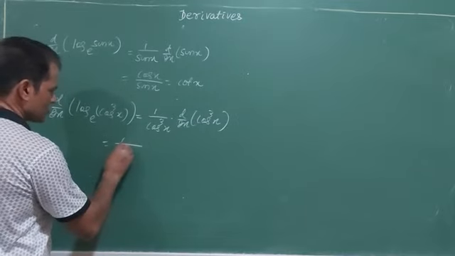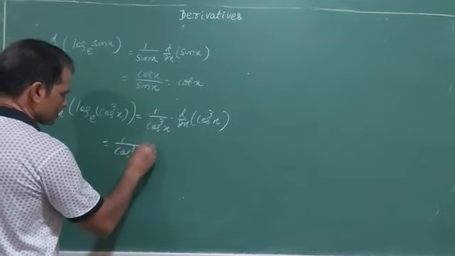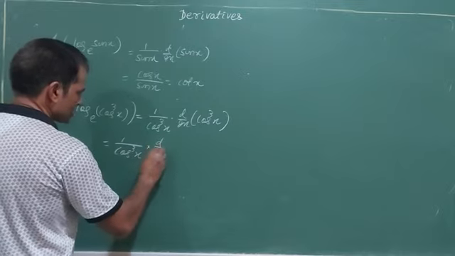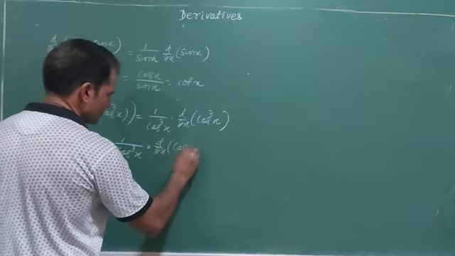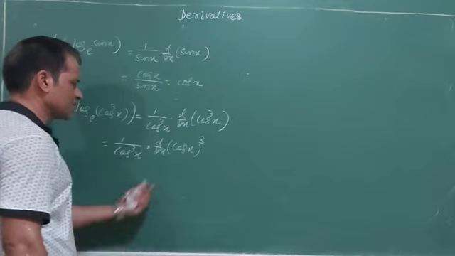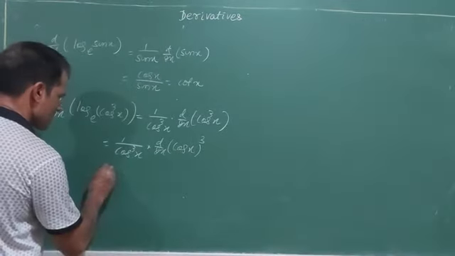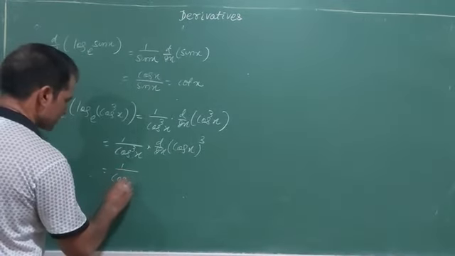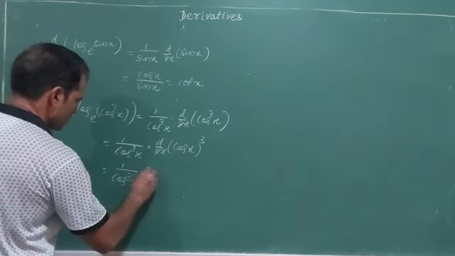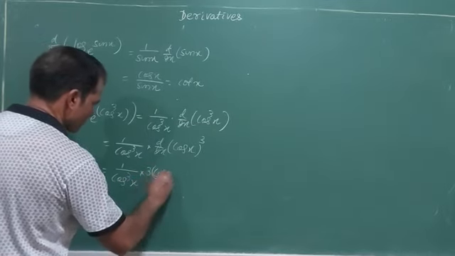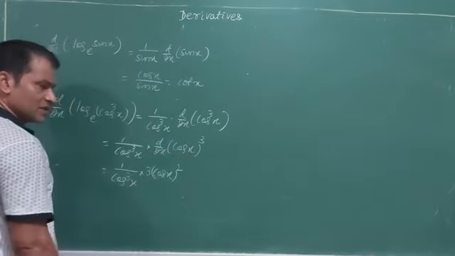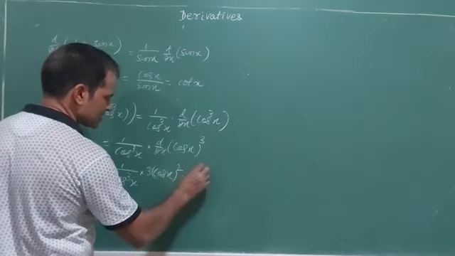Then 1 by cos cube x, dy dx of cos x whole cube. I treat this one as x to the power n. 1 by cos cube x into 3 cos x whole square, n x to the power n minus 1, into dy dx of again cos x.